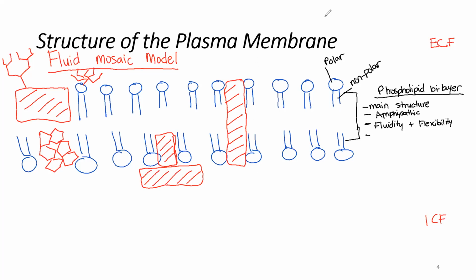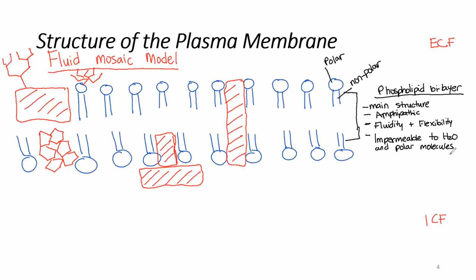Only non-polar molecules can traverse the plasma membrane. So it's impermeable to water and other polar molecules. Okay, so that's the first structure, the main structure of our plasma membrane.